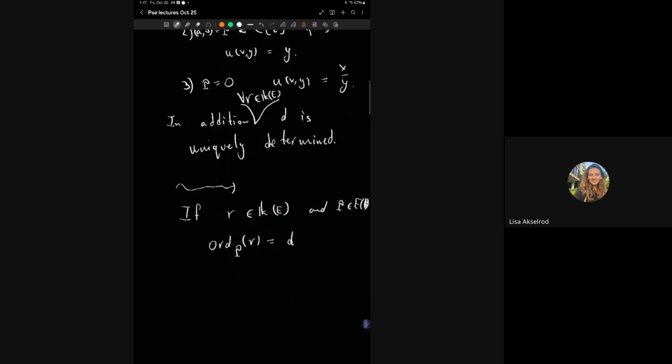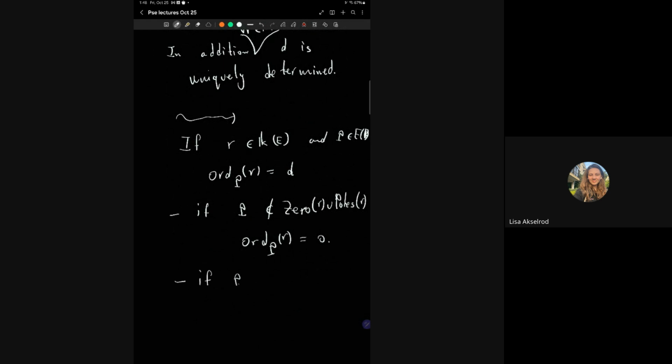It would follow from the definition that if P does not belong to the zeros or poles, then the order of R at P is going to be 0.